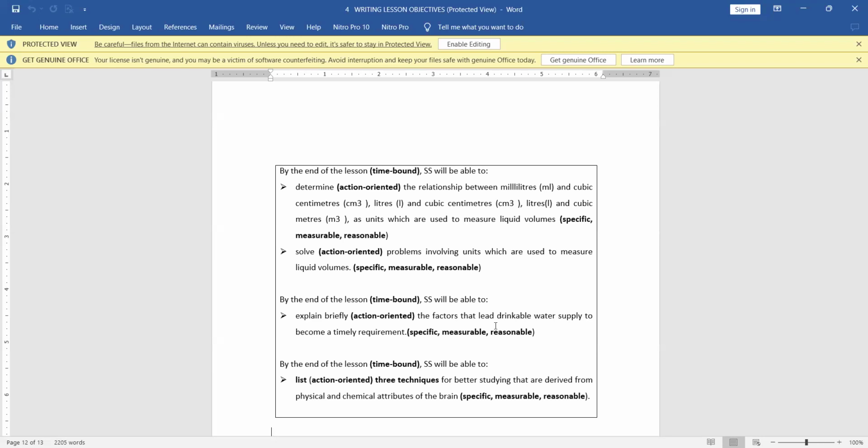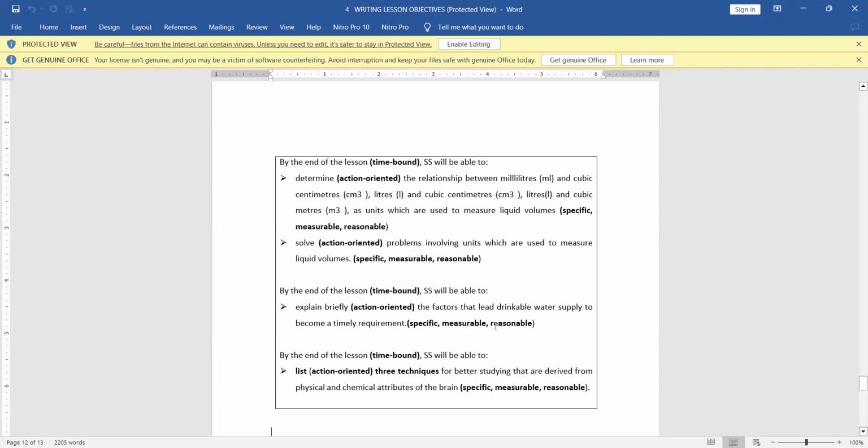So specific, measurable and reasonable. By the end of the lesson students will be able to solve problems involving units which are used to measure liquid volumes. So this is how we are making specific objectives smart.